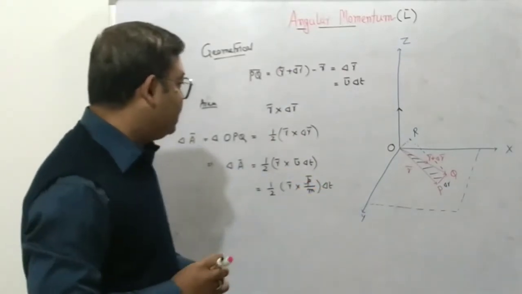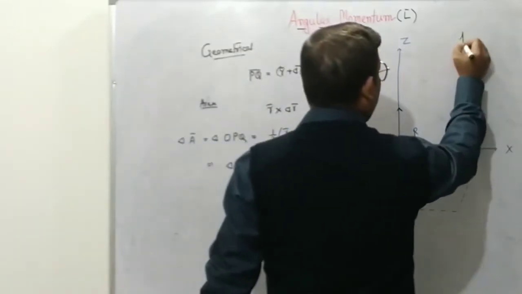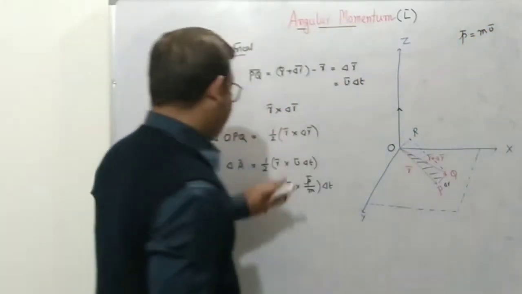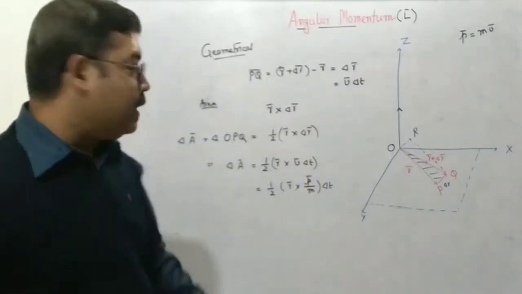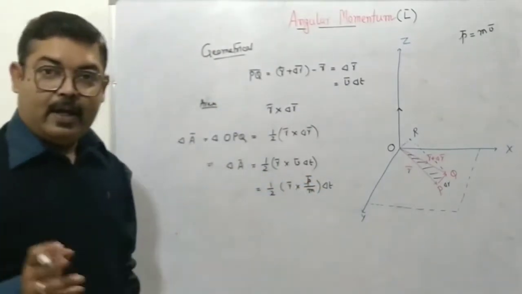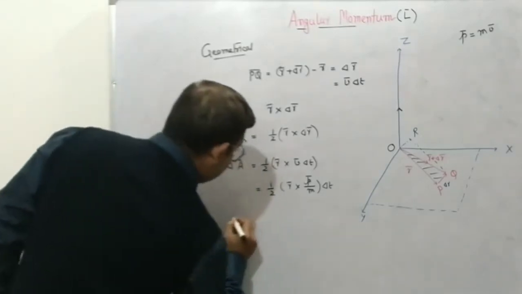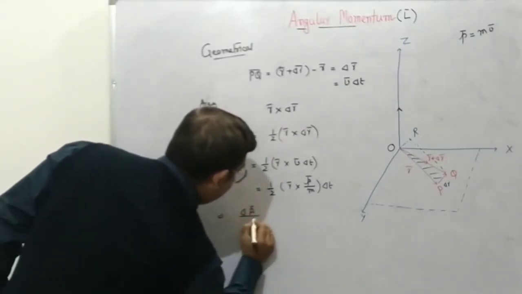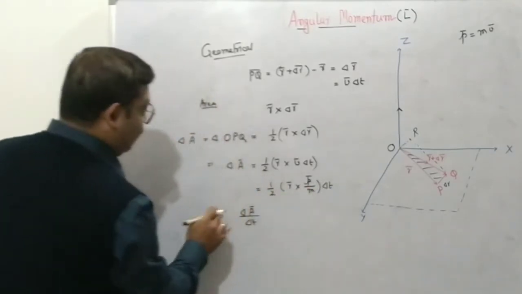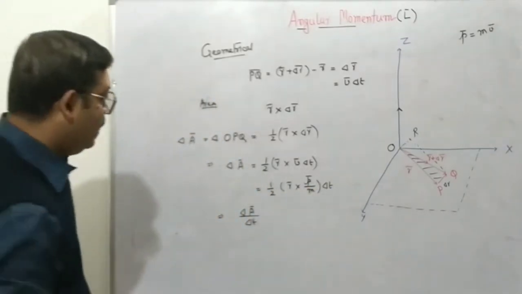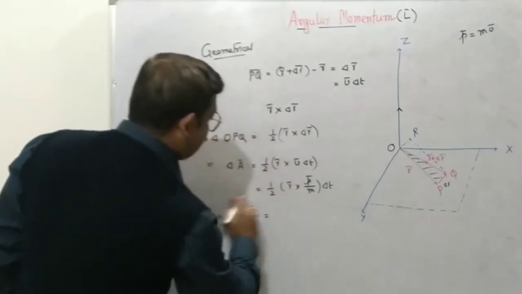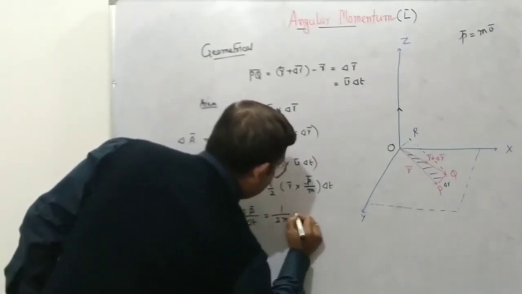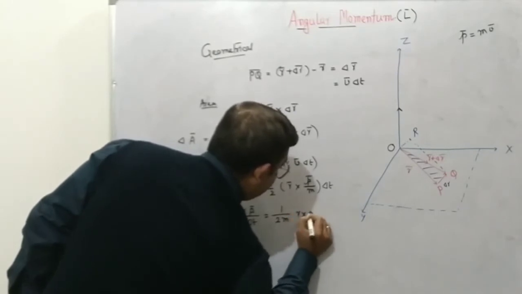Now what is p by m? We know that linear momentum p is given by m into v, so v will be given by the linear momentum divided by mass. So delta A vector divided by delta t will be equal to, m being a scalar and taken out, 1 by 2m into r cross p.